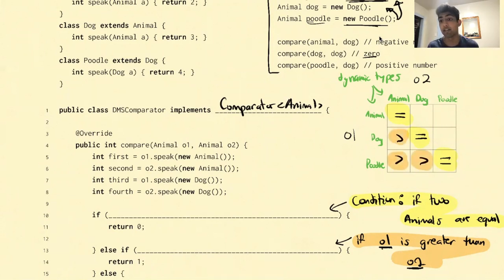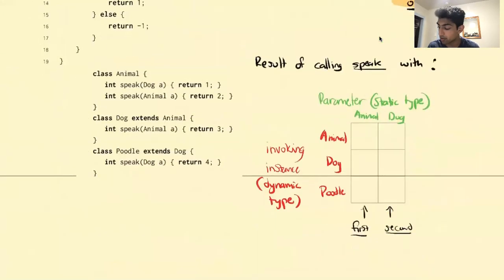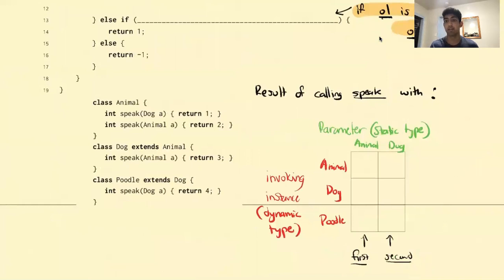And I think it's really important to draw this diagram so we understand exactly what these conditions must account for. So with all of this in mind, the next step is to understand how we can use first, second, third, and fourth to help us create these conditions. To help us do this, I created a little chart at the bottom.